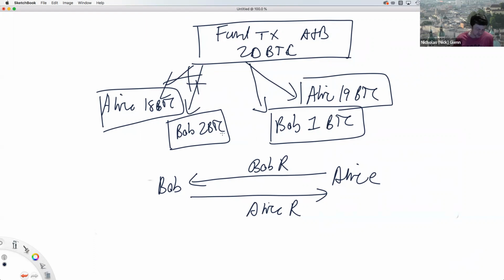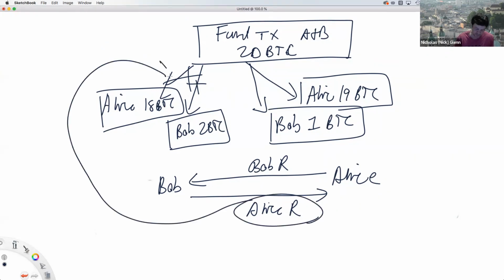Well, if Alice sees it before 100 blocks pass by or are added to the blockchain after he does this, she can use this revoke key. Right? She'll use her revoke key. She'll block this, and she'll claim all of Bob's Bitcoins. Okay.